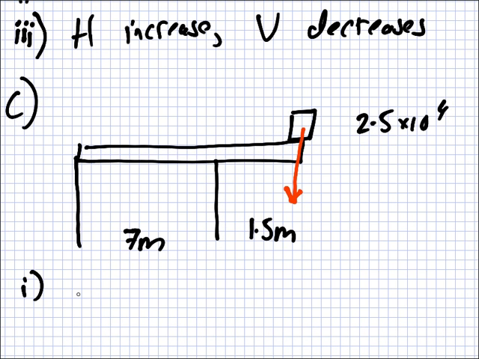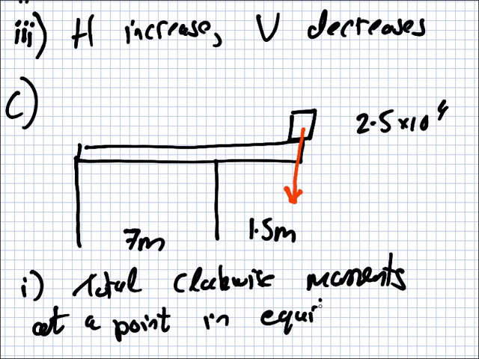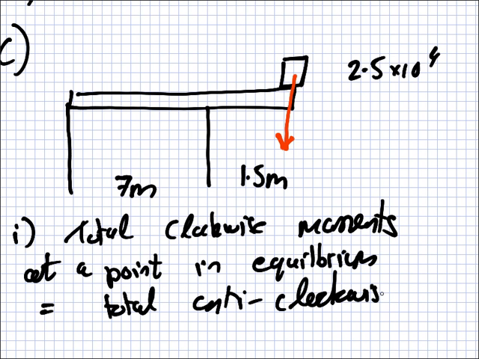It's that the total clockwise moments at a point in equilibrium equals the total anti-clockwise. Okay, what's next?